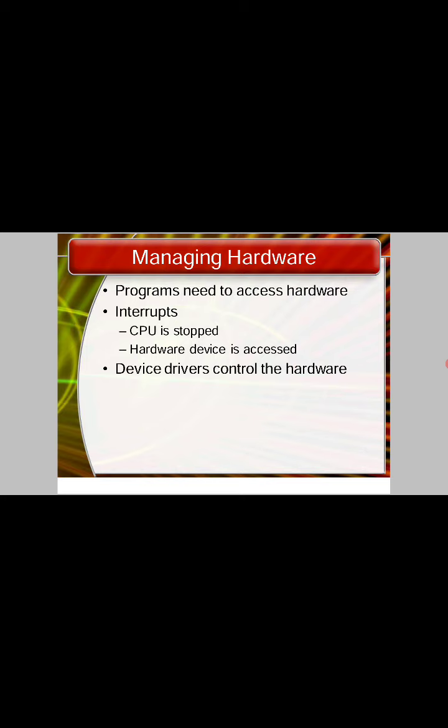Interrupts: if the CPU is stopped, the hardware device is accessed. What is an interrupt? An interrupt is a signal which is used to interrupt the current execution of the processor or computer by giving some instruction to the CPU. Device drivers control the hardware. Means to run the hardware we need some device drivers.